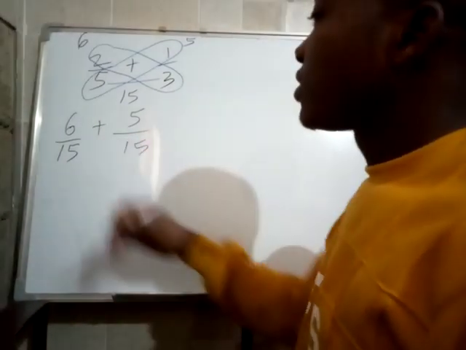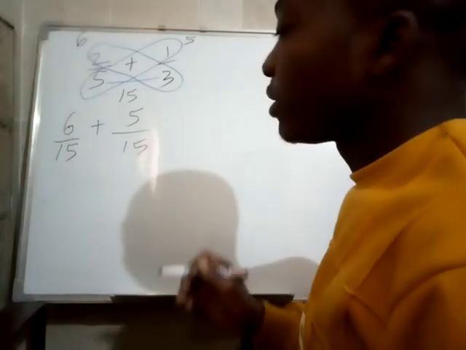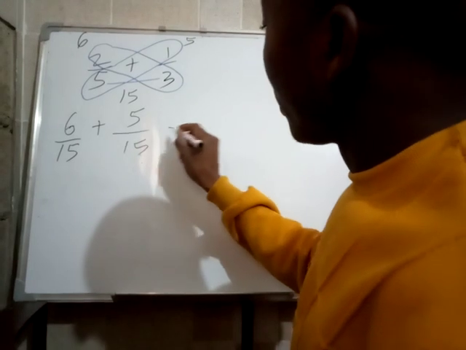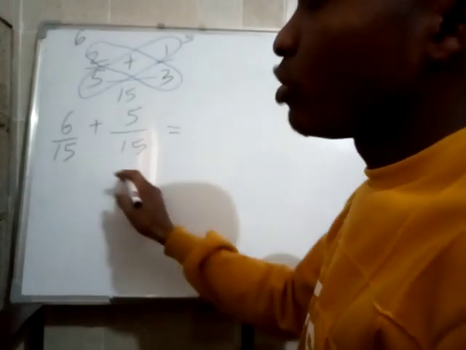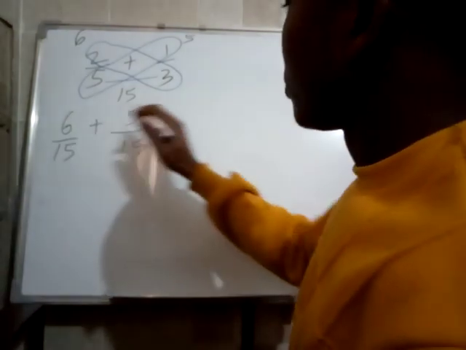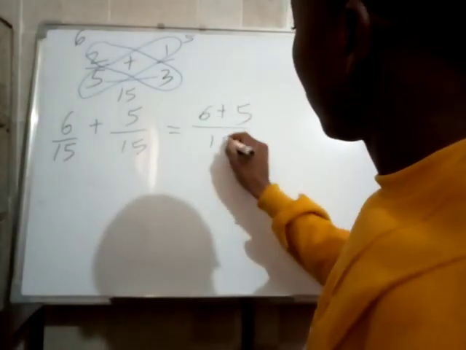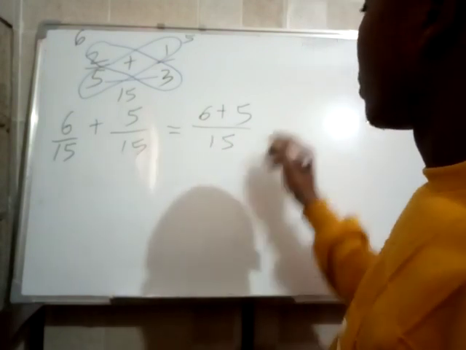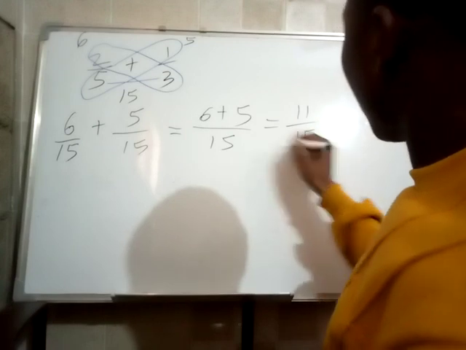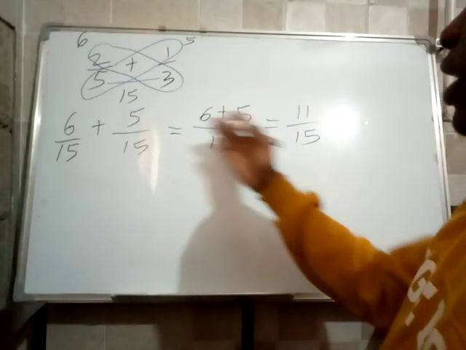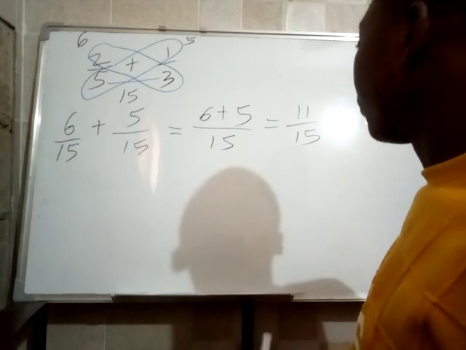Now we have 6/15 plus 5/15. We already know how to add fractions with like denominators. 6 plus 5 over 15. We copy our bottom numbers, and 6 plus 5 equals 11 over 15. And we are done. This is how we add fractions with unlike denominators.